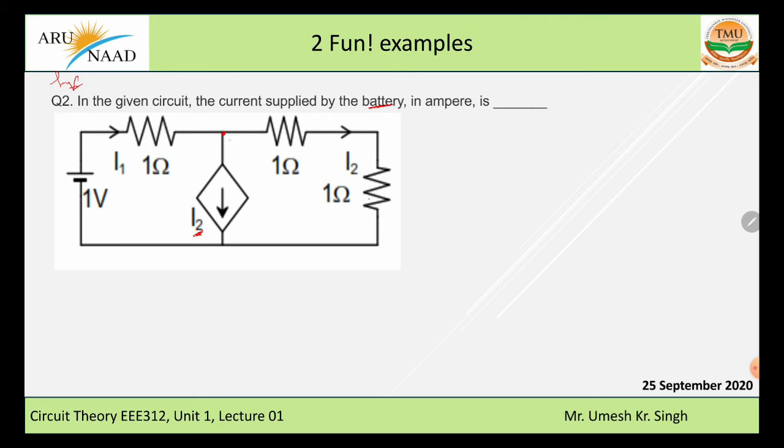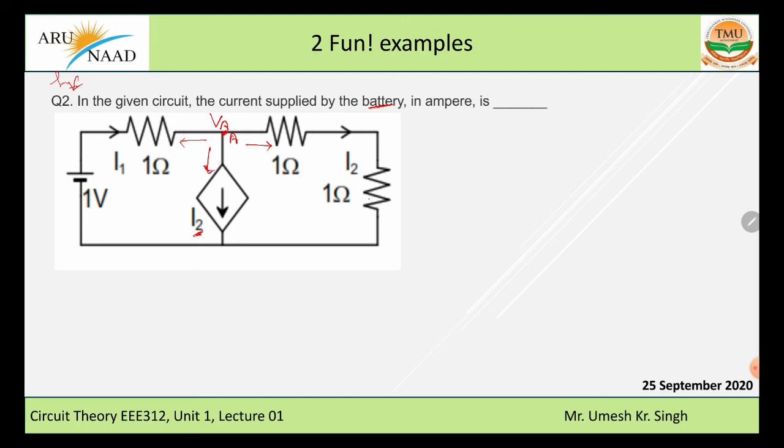What we do, we consider a node. A node is the point where more than two branches meet, so let us consider a point A. Then the voltage at point A can be taken as VA. My procedure is to always assume the current in the forward direction.